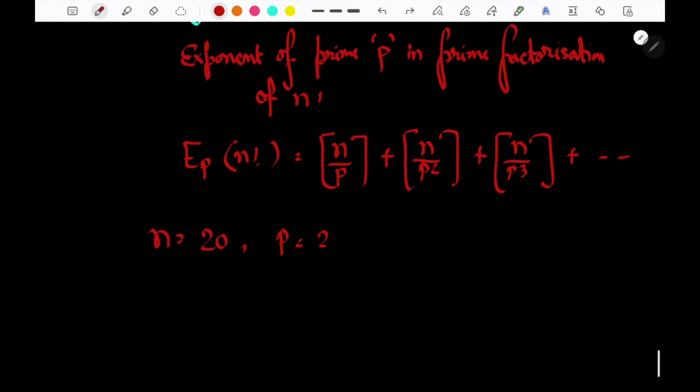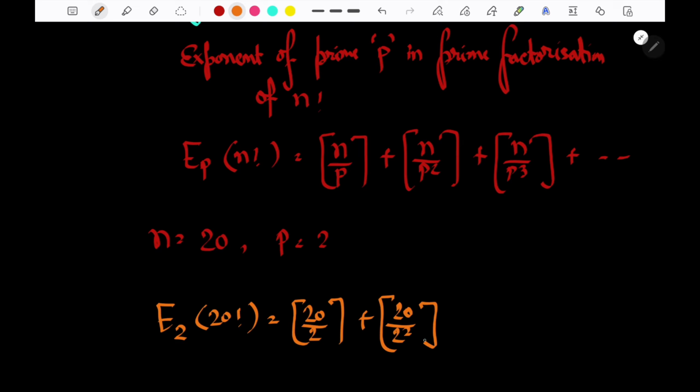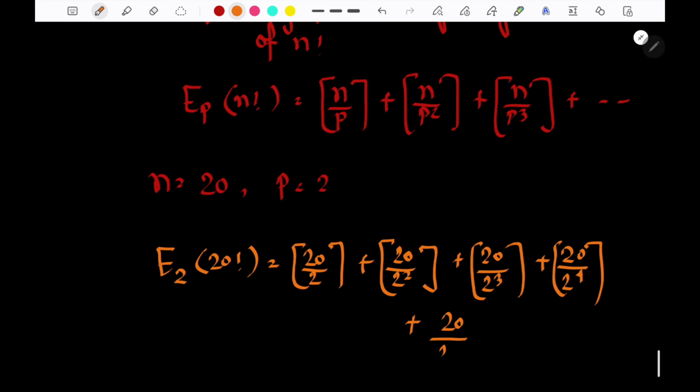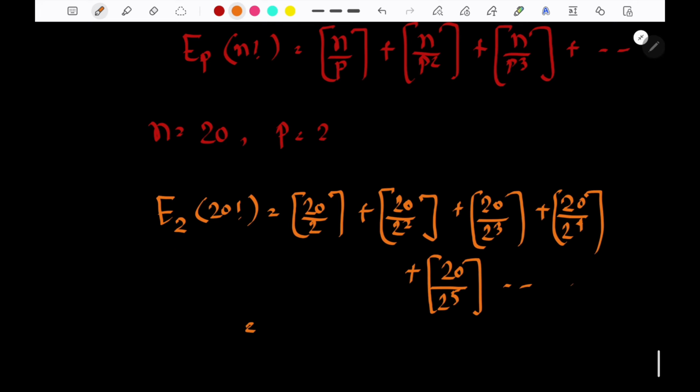The exponent of 2 in 20 factorial is given by 20 by 2 plus 20 by 2 square plus 20 by 2 cube plus 20 by 2 to the power 4 plus 20 by 2 to the power 5, and this goes on. Now we know this is what, GIF, the greatest integer function.